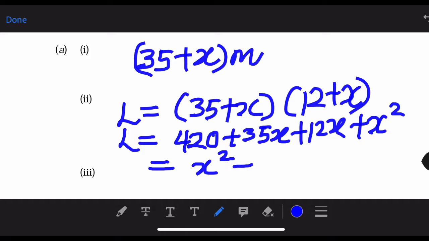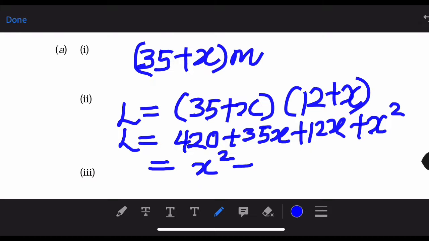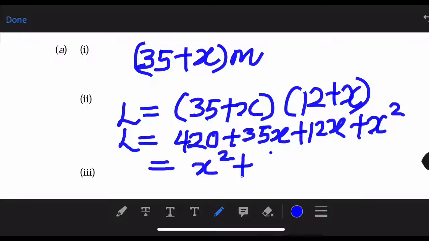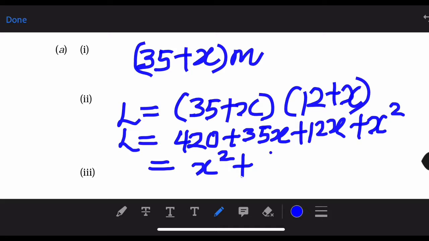So if maximum, this is 5, the radius is 17, right? Radius 17 and 17. So we will try to use the maximum radius. So let's write, okay, this is the arc length.